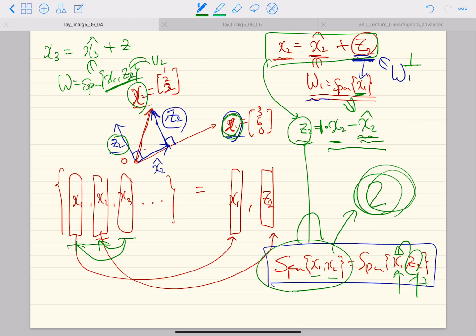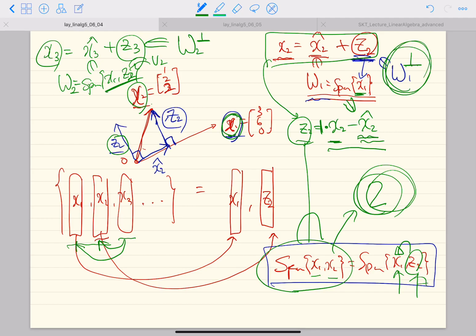And then we will obtain this z3, which is the orthogonal part, right? And then instead of using x3, we will just use z3. By the definition of the orthogonal decomposition theorem, this one belongs to W perpendicular over here. So let's call this W2 and W2 perpendicular.